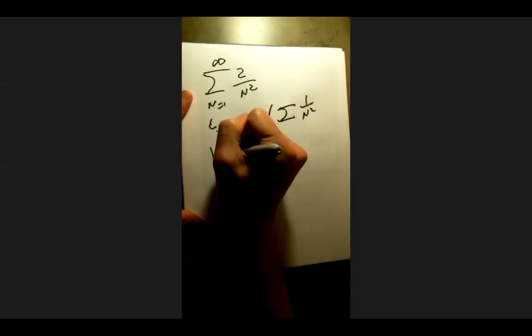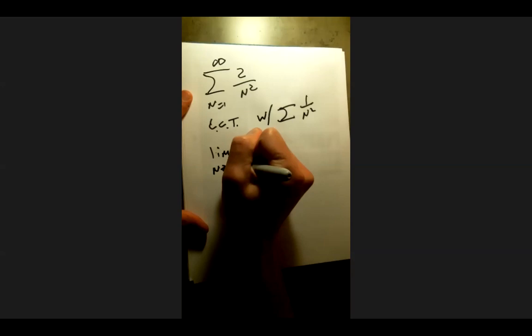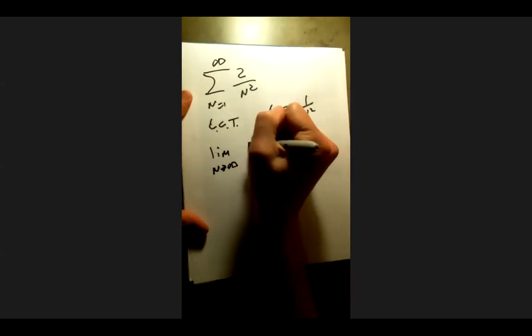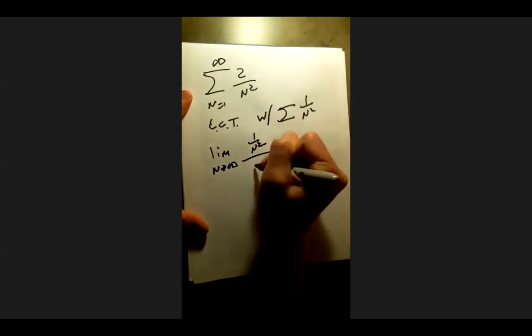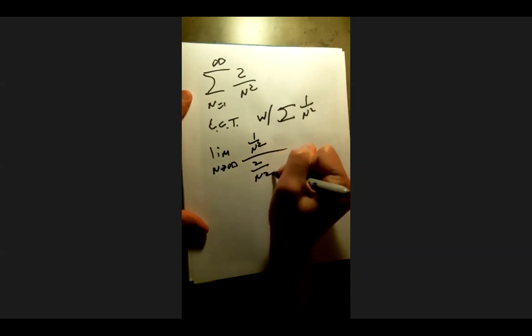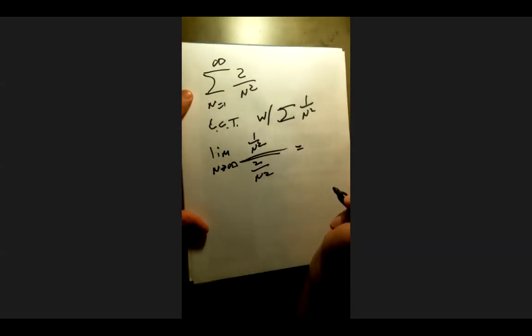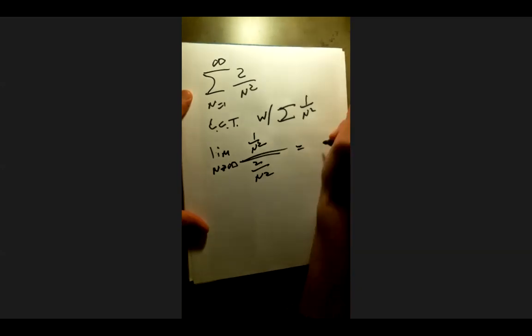So the limit as n goes to infinity of 1 over n squared over 2 over n squared would be what? A half. A half.